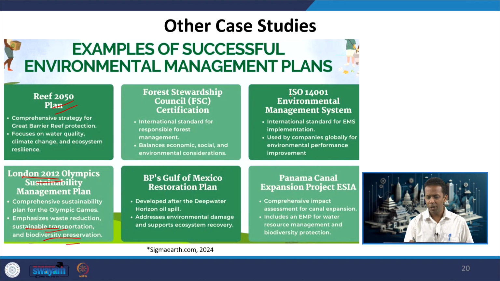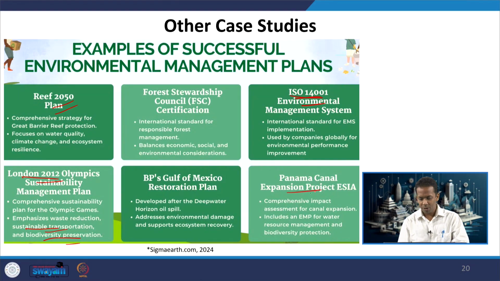Then ISO 14001 is an environmental management system, an international standard, though voluntary, and it is very important to show that these companies care for the environment and for people's views. So, that way it is important.